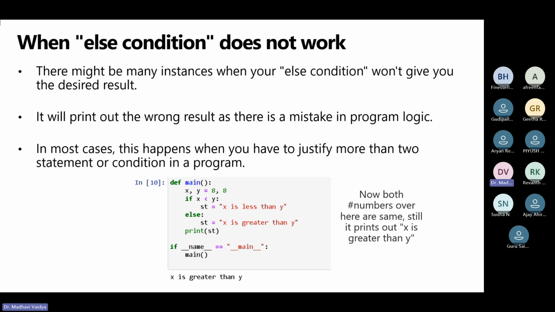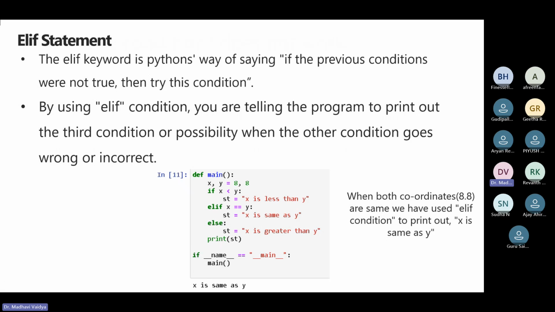Fine. So we spoke about these particular things. Here you can see x less than y, yes. x equal to y, yes, x is the same as y. Else, there is no need to write any condition after else because it is not allowed. The condition expression can be written only after if or after elif.